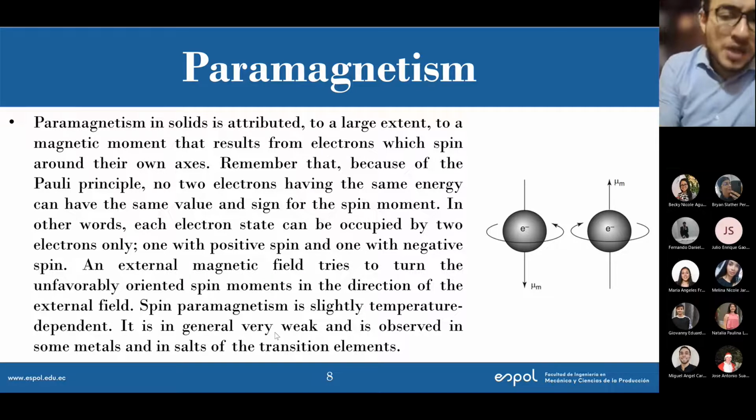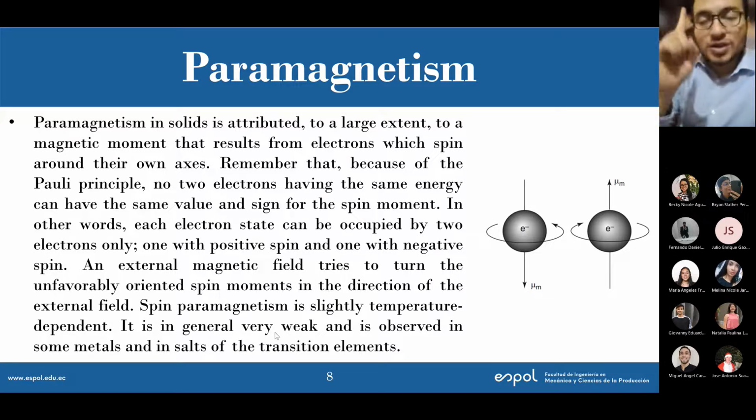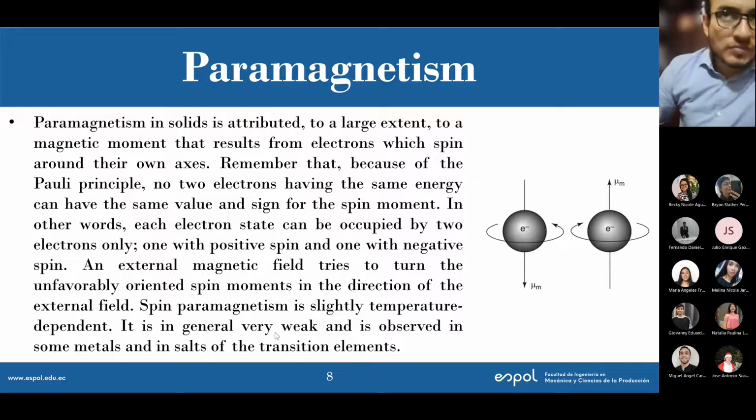So it's the same here. The electron orbiting around the atom, that's related to diamagnetism. The electron rotating around its own axis, well, that's paramagnetism. The magnetic moment generated due to that rotation produces paramagnetism.